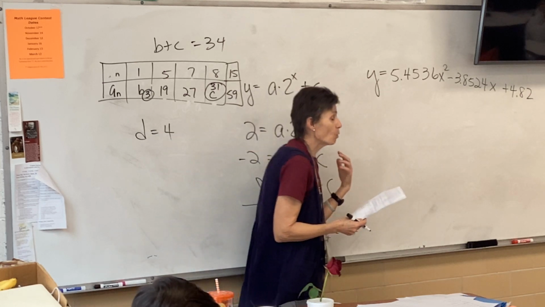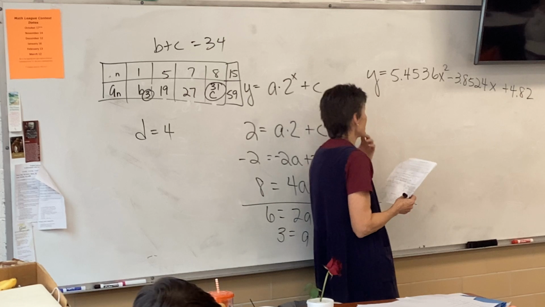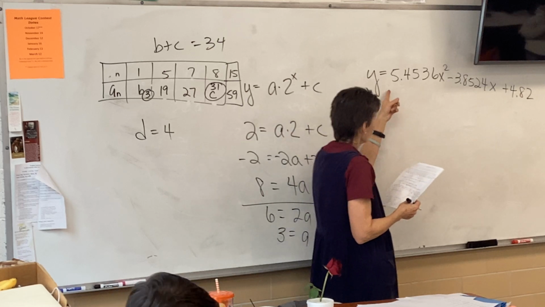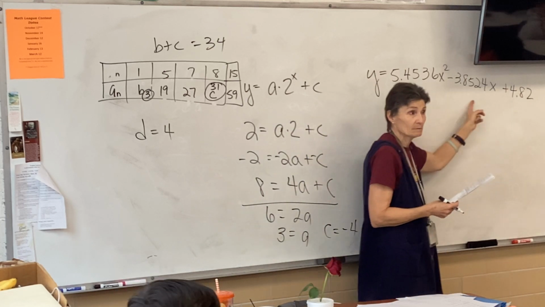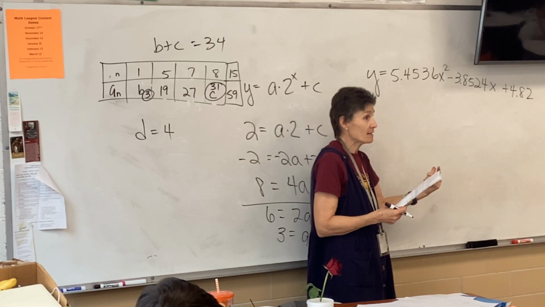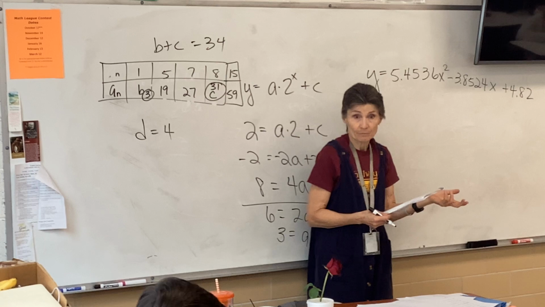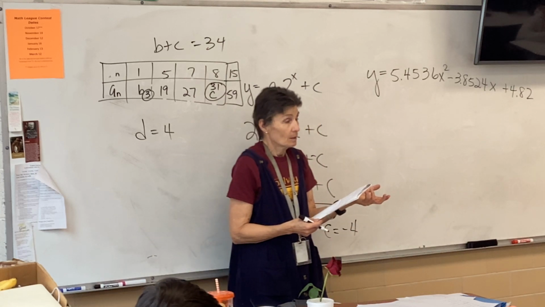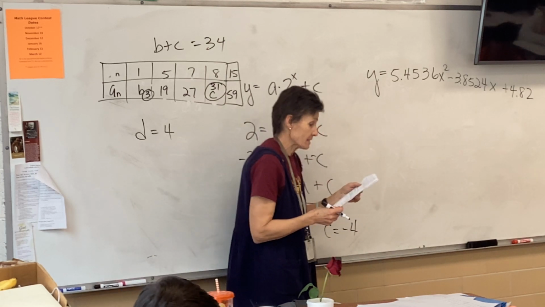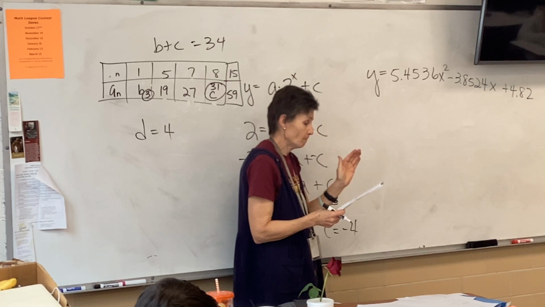So I could take 20.73 and subtract what I get when I put 2 in here, and that would give me the residual for T equals 2. Okay? So that seems manageable.